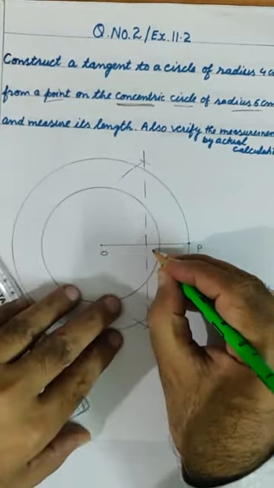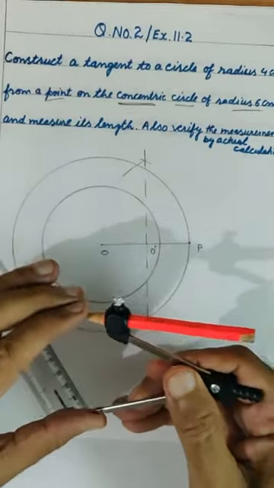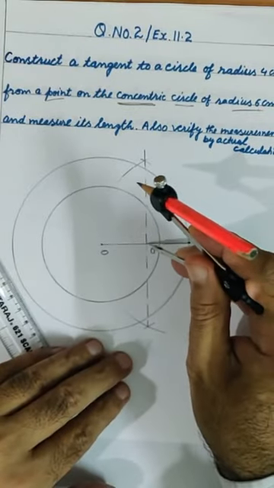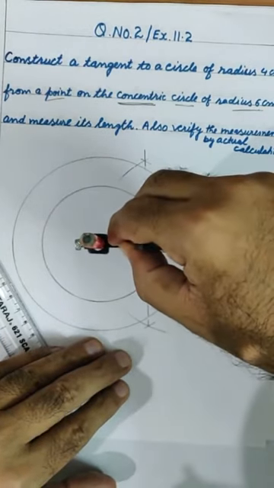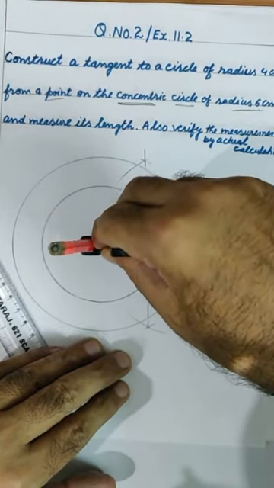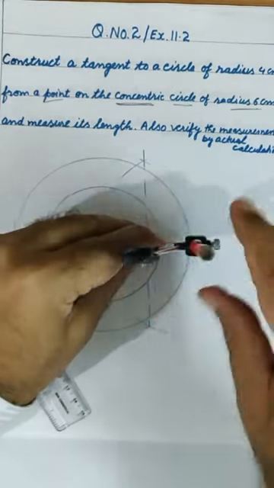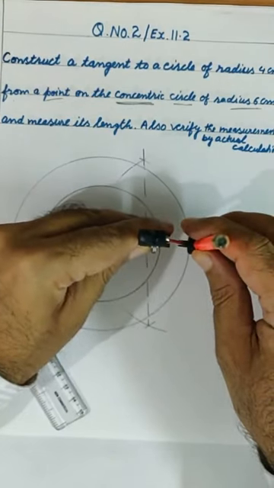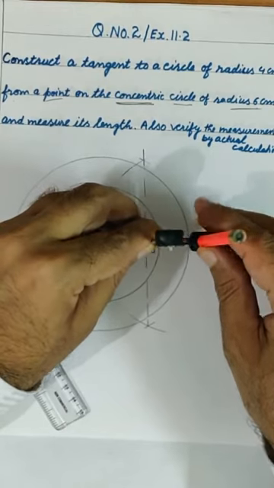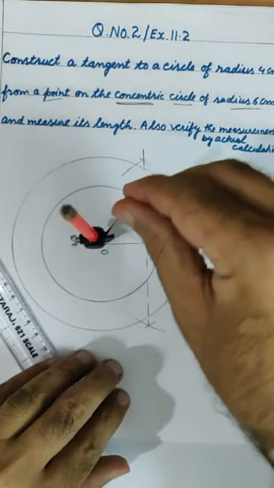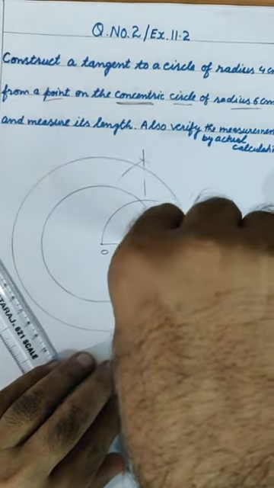You can take it as O dash. Taking O dash as a center and O dash O as radius, or you can take O dash P, then draw a circle.